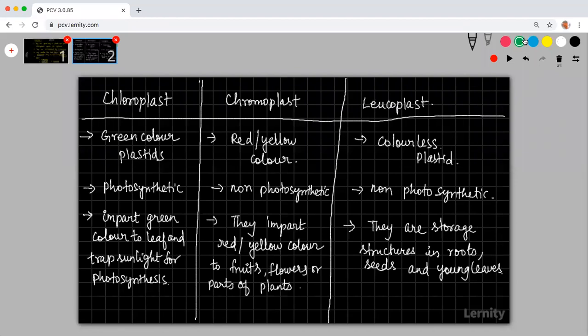Chloroplasts contain chlorophyll. Chromoplasts contain fat soluble carotenoids.